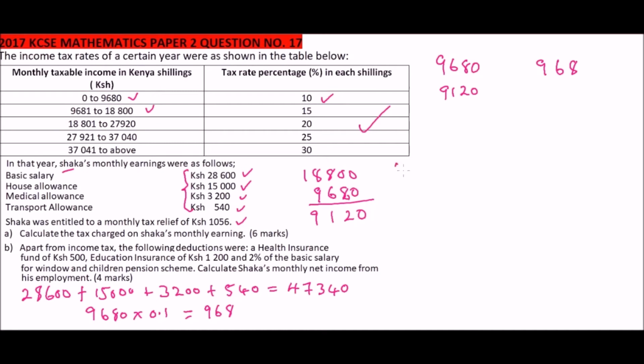Now remember, you need to subtract again. Here the total taxable income is 47,340.